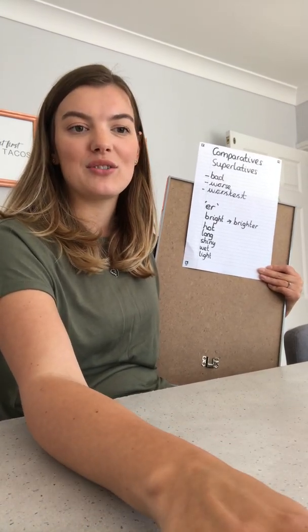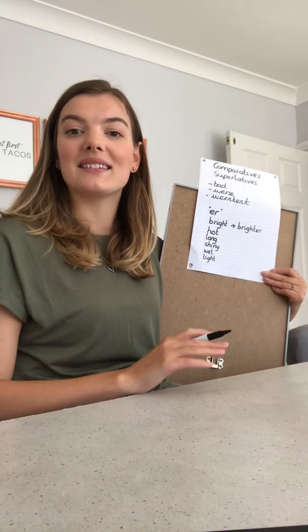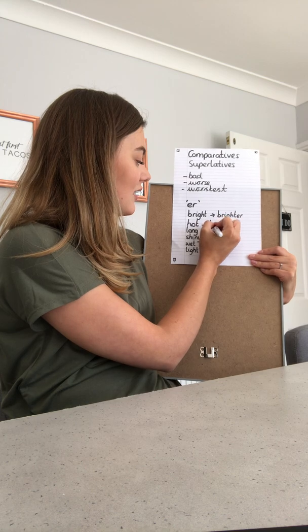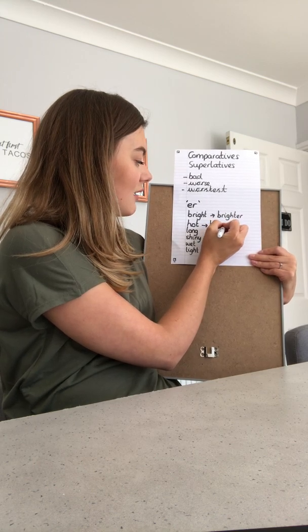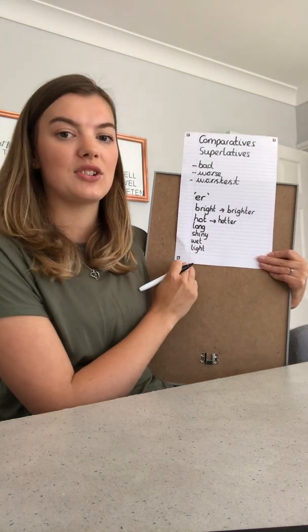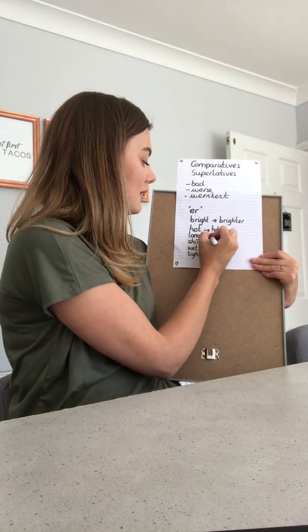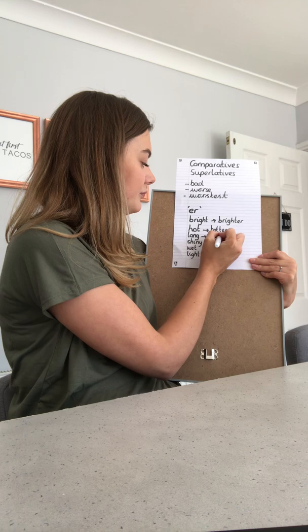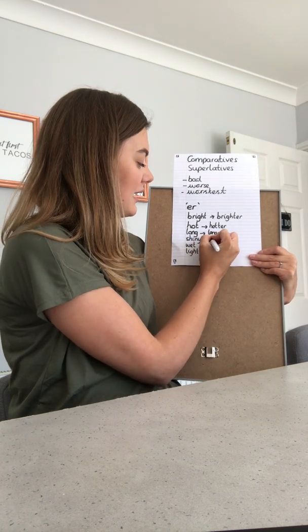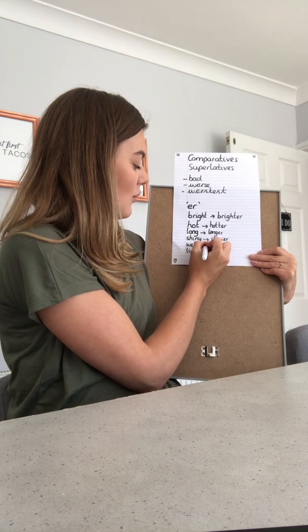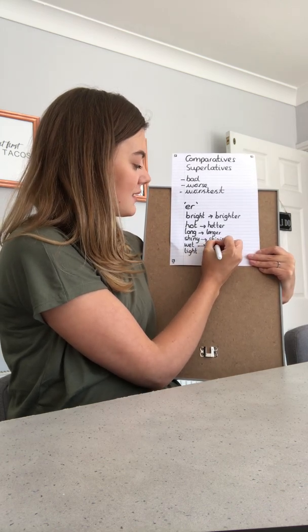So well done to those of you that added the suffixes onto the end. So you're right, hot becomes hotter. Now you'll notice something that I've done there. Long becomes longer. Shiny becomes shinier. Wet becomes wetter.